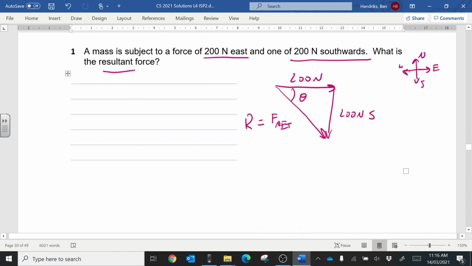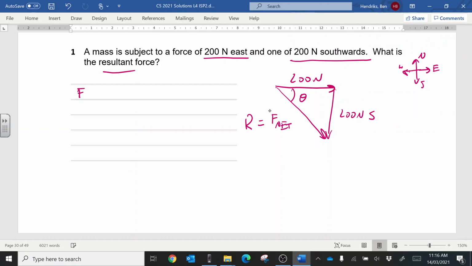We go through the same process that we've seen a fair few times. So F net, the net force, is equal to the square root of 200 squared plus 200 squared.